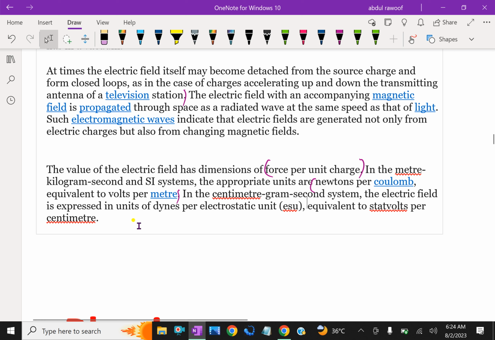In solids, some of the electrons, being less tightly bound in the atoms, are the charges that are transferred from one body to the other. A body can thus be charged positively by losing some of its electrons. That means the body becomes positively charged.